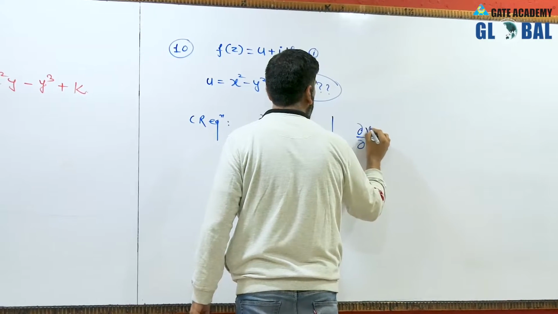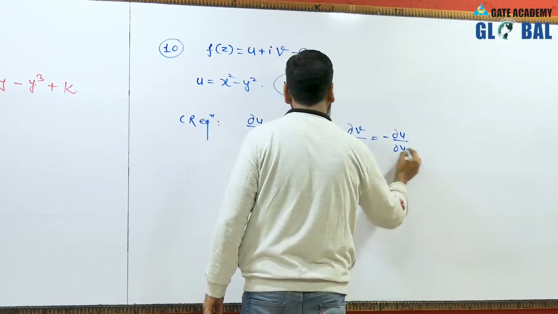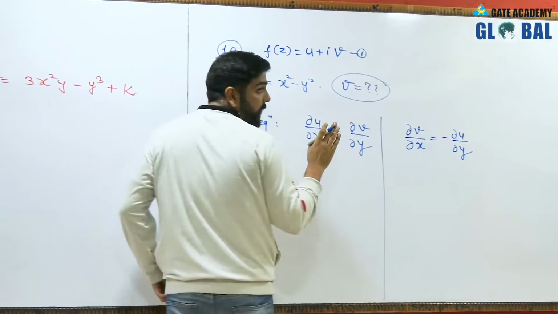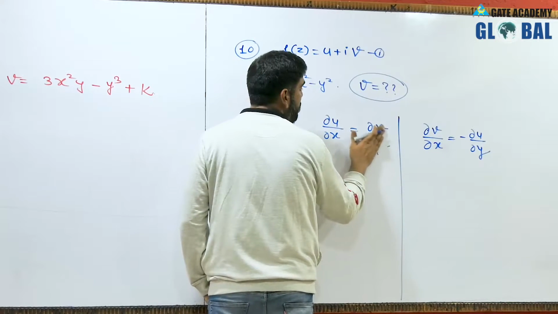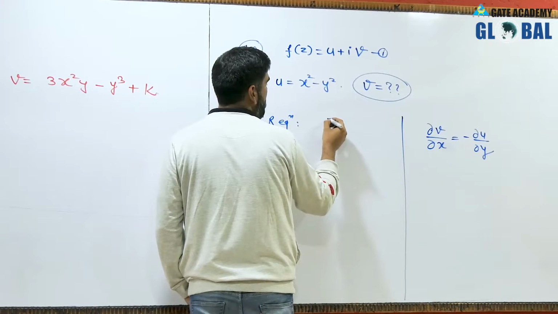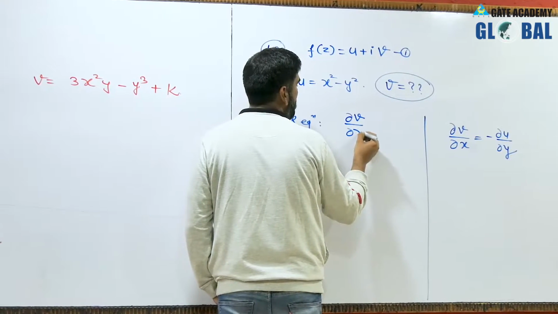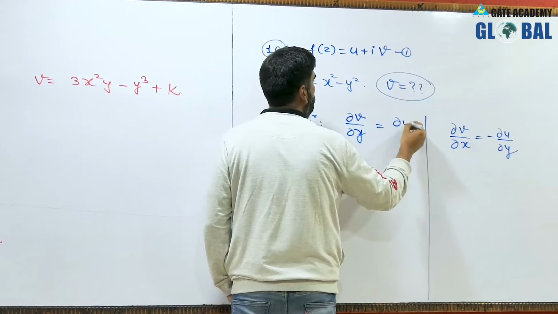And since I need to evaluate v, I am taking del v by del y on the left hand side, so del v by del y is equal to del u by del x.